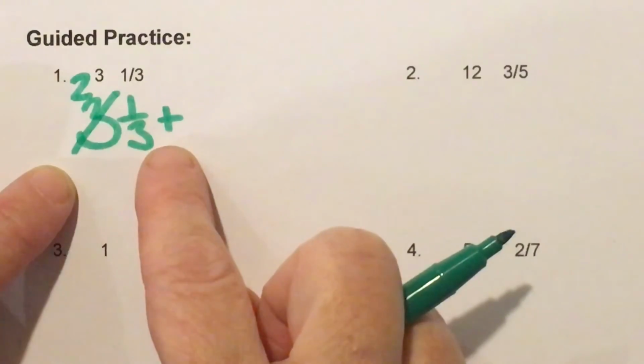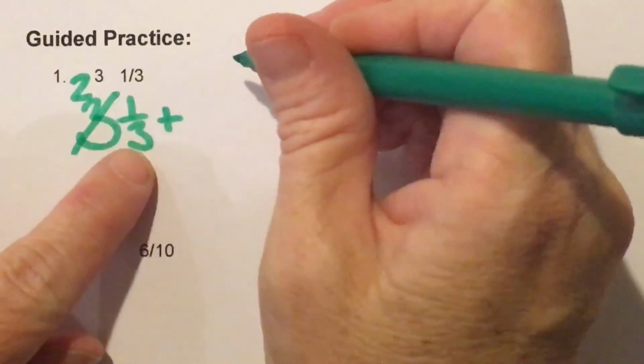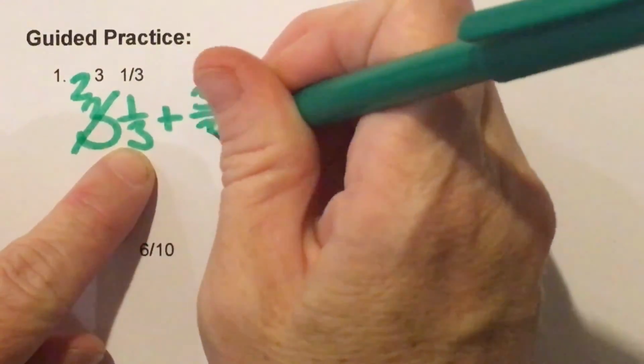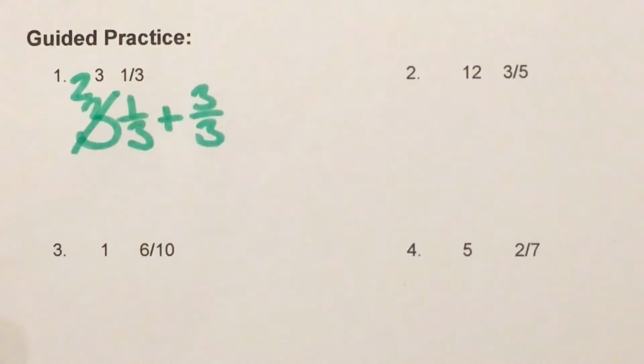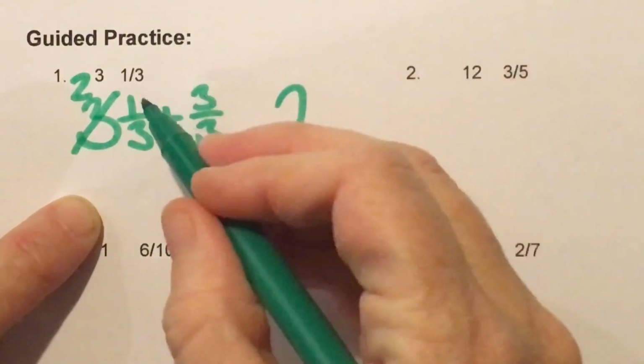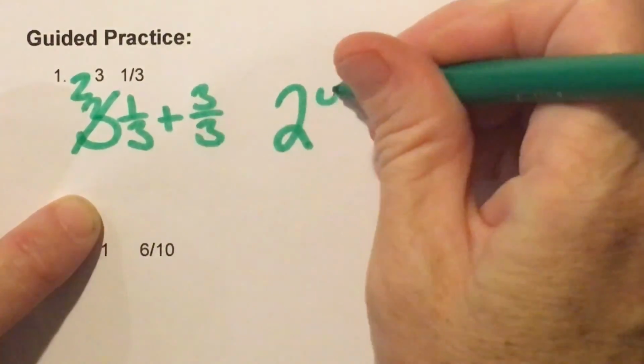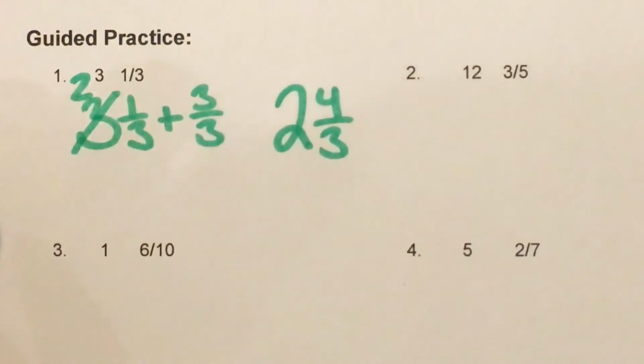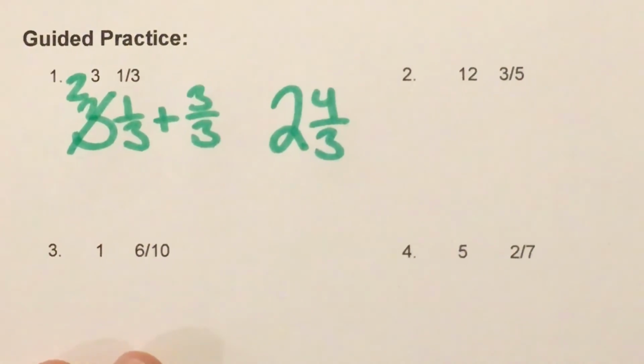I'm just going to take that 1 and cut it up. So because this is a 3, I'm going to turn it into 3/3. And then I'm just going to rewrite adding it. So what is this equal to? It's equal to 2 1/3 plus 3/3 is 2 4/3. And that would be my answer.